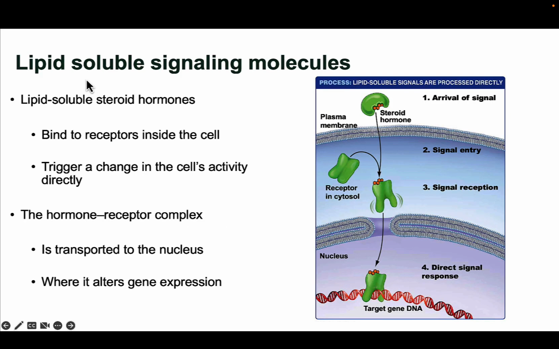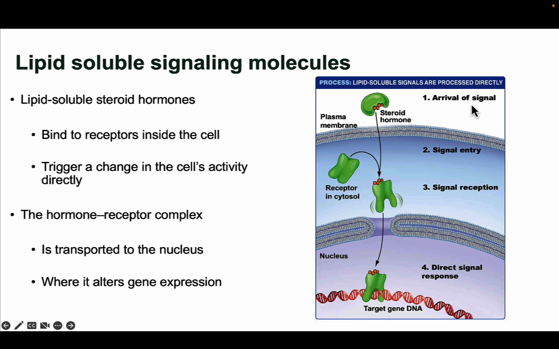So let's first take a look at this lipid soluble signaling molecule pathway. Here let's consider that this is testosterone, and it is carried through the blood attached to a protein, because it's not very hydrophilic. But once it gets to the surface of the cell, that hormone can diffuse right through the plasma membrane.